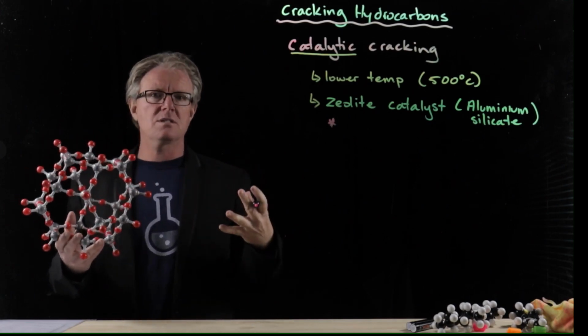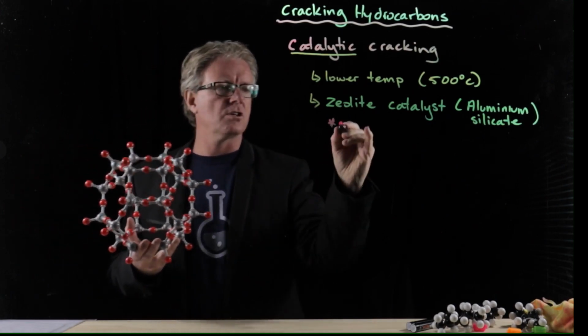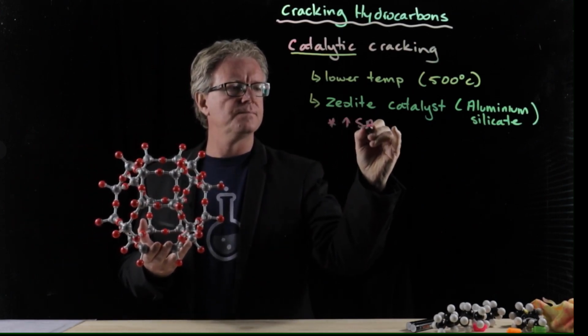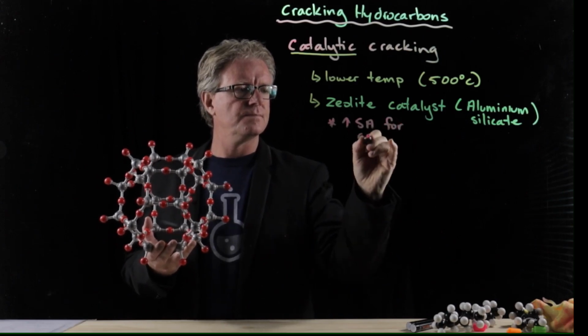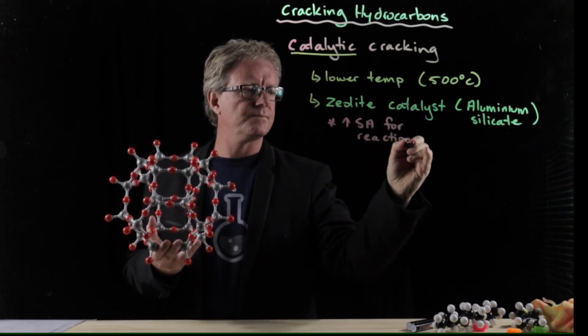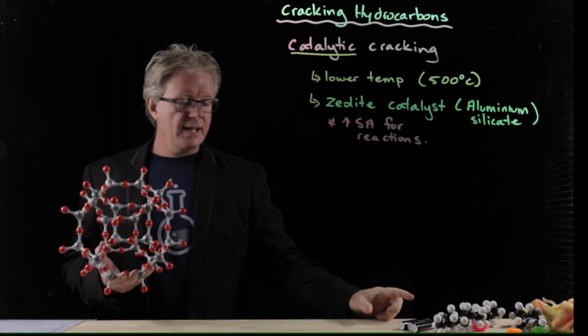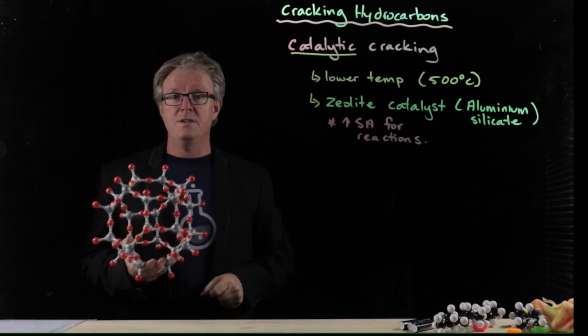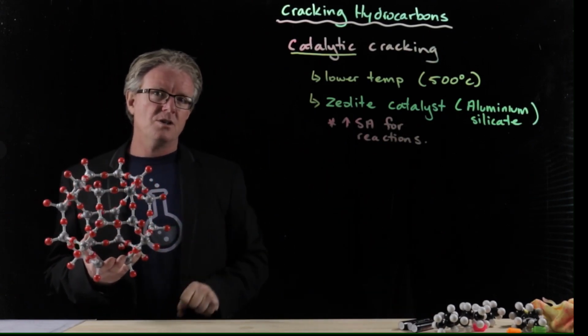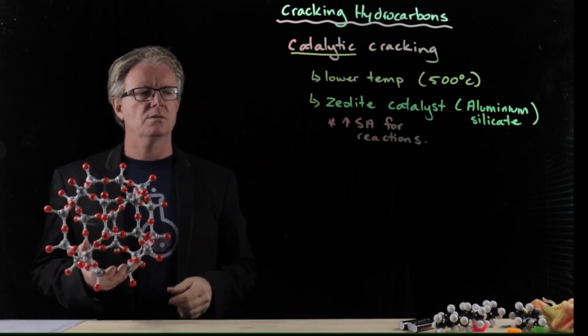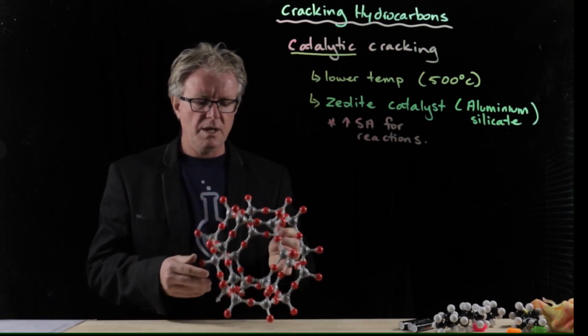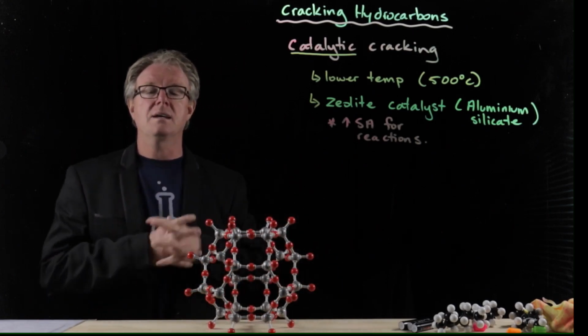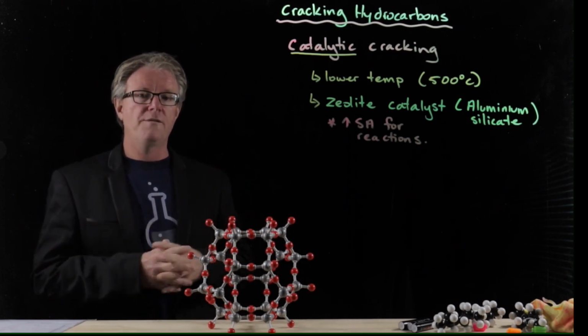That means it increases the surface area on which a reaction can occur. And as we saw in previous videos, if you increase the surface area, you increase reaction rate as well. So we have a lot of reasons why this is making the reaction more efficient.